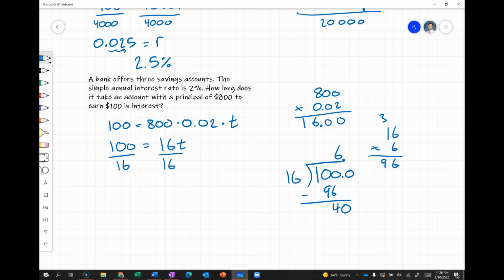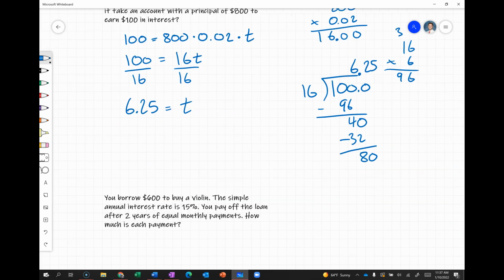So 16 goes into 40 2 times, that's 32. And 16 goes into 80 5 times. So T is equal to 6.25. So that would be 6.25 years, or 6 years and 3 months.